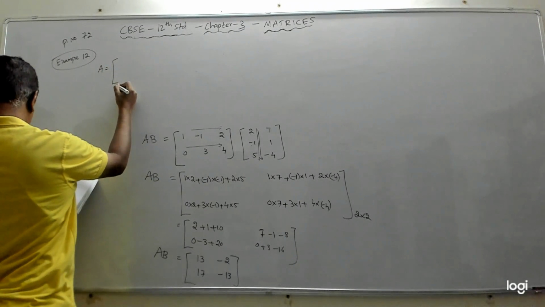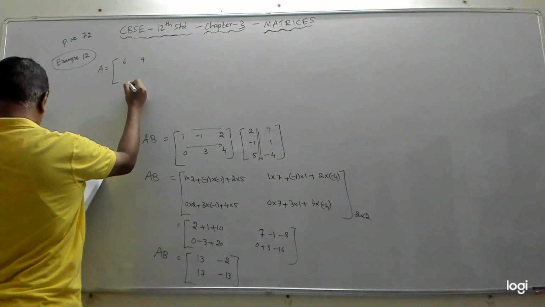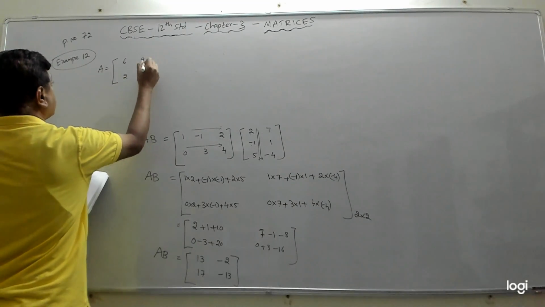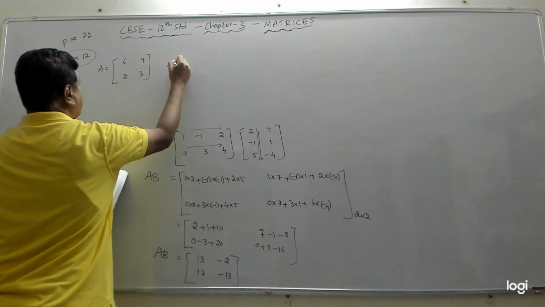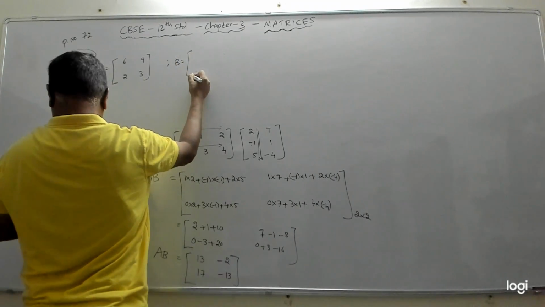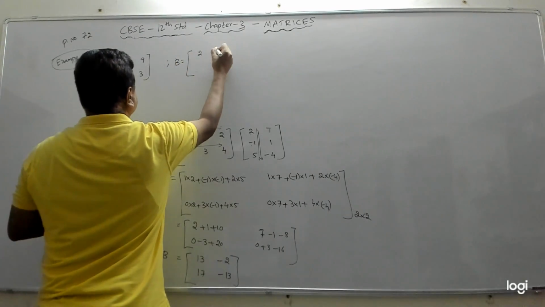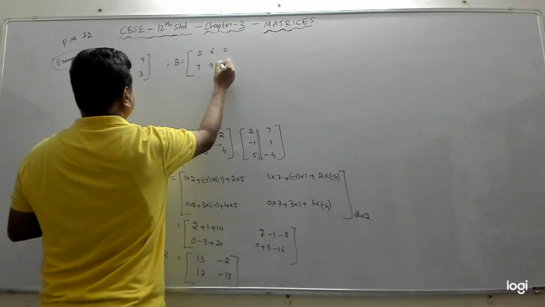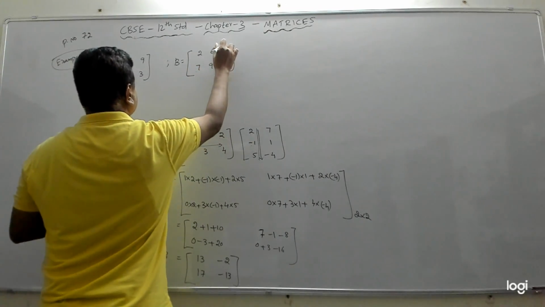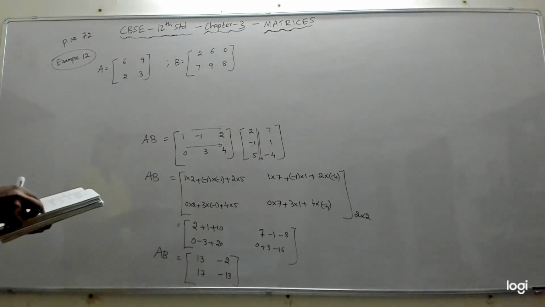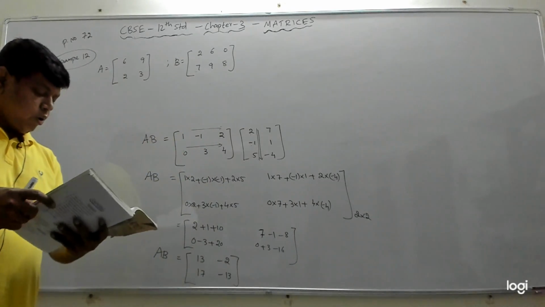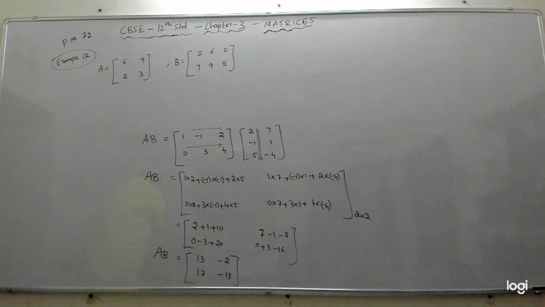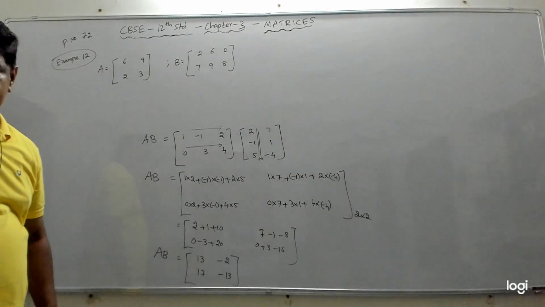Matrix A is 6, 9, 2, 3, and matrix B is 2, 6, 0, 7, 9, 8. Now we are going to multiply these two matrices and find the value of the AB matrix.